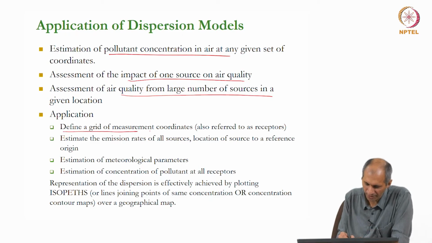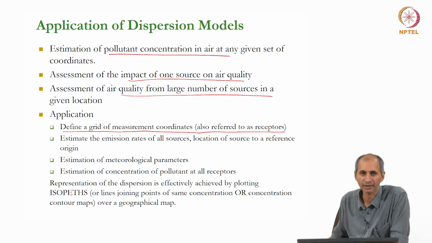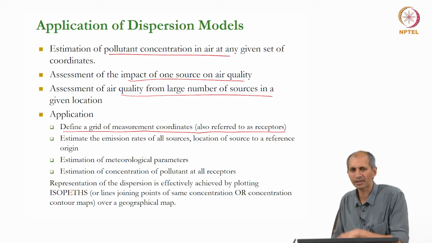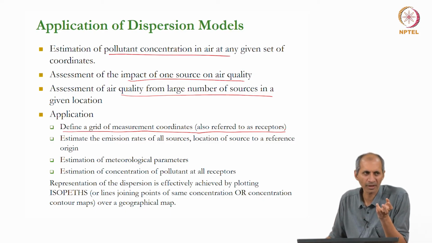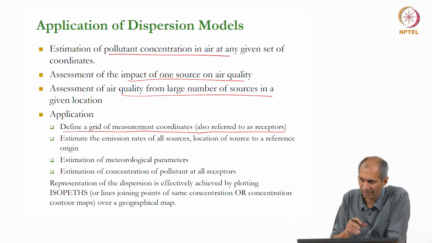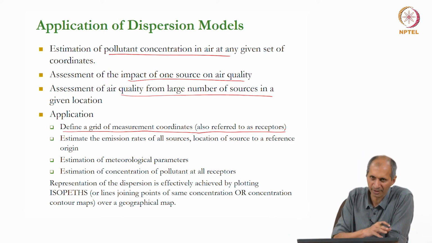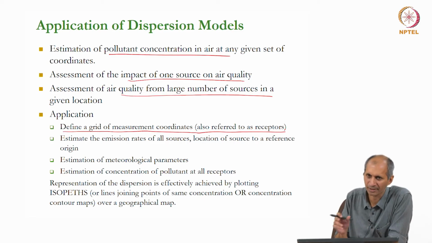For the contribution from a particular source, when we do this application we define a grid of measurement coordinates, also called receptors. We are trying to measure concentration, exposure, which means there is a receptor there. So we put the coordinates x, y and z on the left hand side of the Gaussian dispersion model. That is a receptor, which means it is a coordinate, and we define a grid of coordinates.